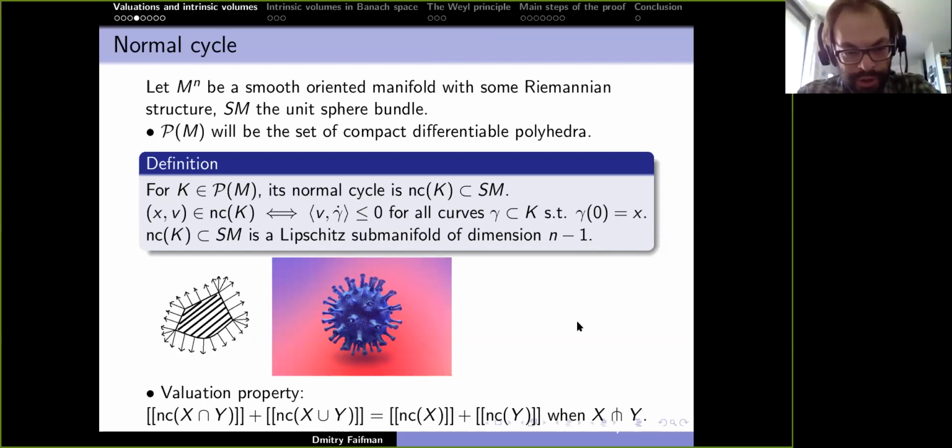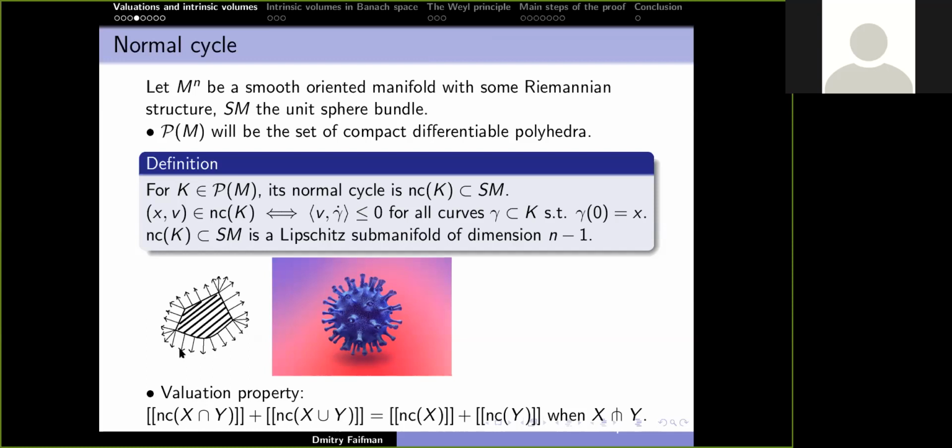And its key property for us is that it's an evaluation. If you consider it as a functional on differential forms, which it is, you can integrate over it, then it satisfies the inclusion-exclusion formula, at least when X and Y are sufficiently nice with respect to each other.